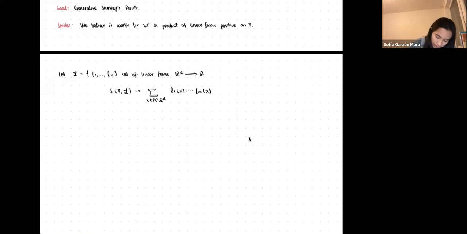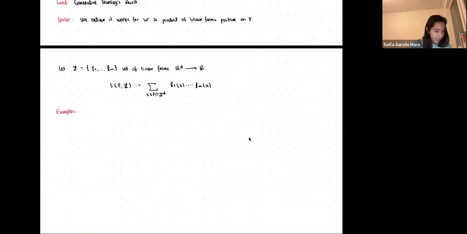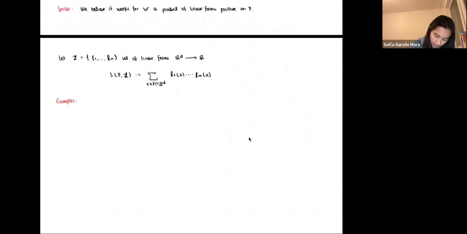Okay, so let's do some examples. And then you see how the examples here can get overly complicated very quickly. Right, so let's start with a cube, but I'm not going to go to the higher dimensions just yet. So let's start with maybe a square. So let's take P to be [0,1]^2.